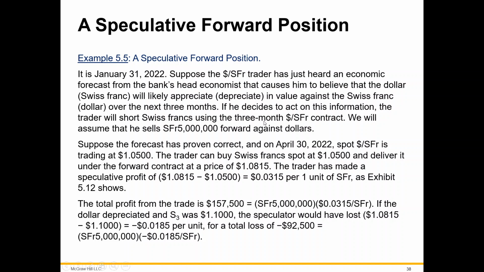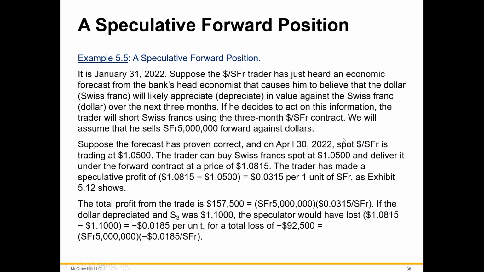So we've got this spot transaction of $1.05. They buy francs at spot for $1.05 and deliver it for $1.08. So there's a 3-cent profit there.